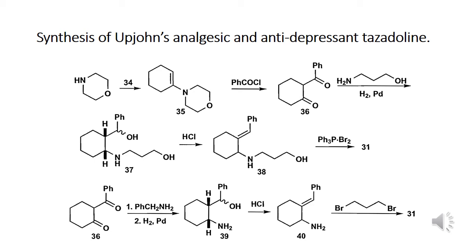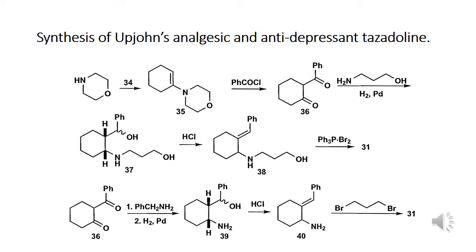Mitsunobu-like treatment with triphenyl phosphine dibromo derivative converts the hydroxyl group to bromo, whereupon cyclization of 32, if we take X as bromine, will give our target molecule, that is structure 31, tazadolene, an antidepressant agent.